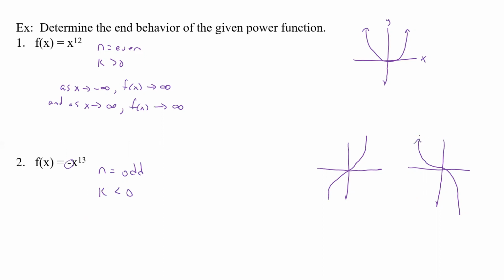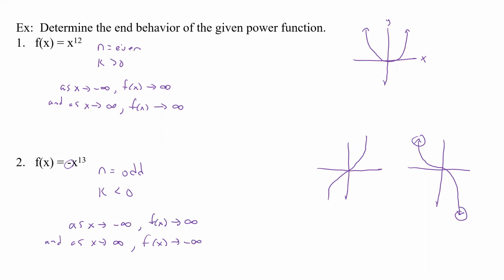Well, it's going to positive infinity as x goes to negative, and as x goes to positive infinity, it's going to negative infinity. So as x goes to negative infinity, f of x goes to positive infinity. So we're going up that way. And as x goes to positive infinity, f of x goes to negative infinity. Okay. And so that's how you can do it.